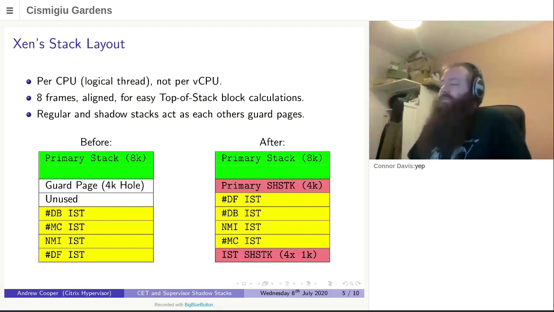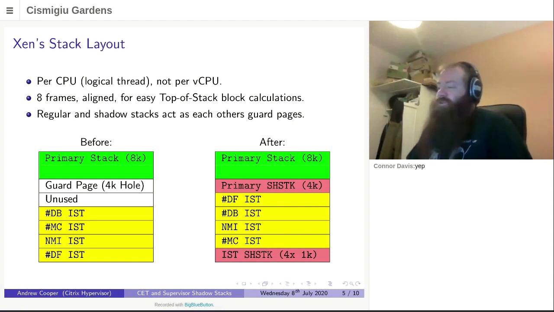An out-of-bounds regular access will hit the read-only property of a shadow stack and take a fault that way, whereas an out-of-bounds shadow stack access will take a fault because it's trying to be a write to non-shadow stack memory. Therefore, we replaced the guard page with the primary shadow stack page. Indeed, to make things simple, that's configured unilaterally, even at the moment. We keep it read-only.